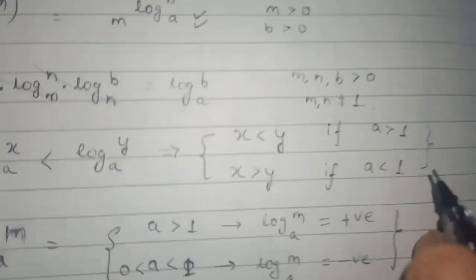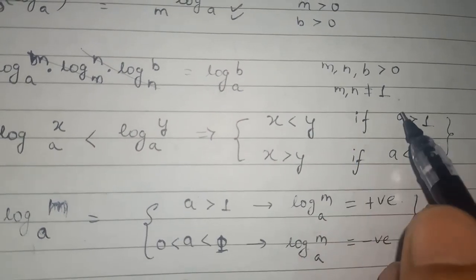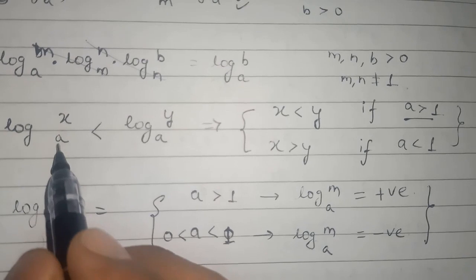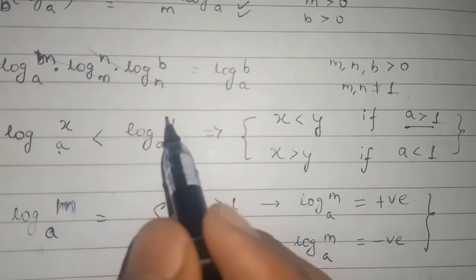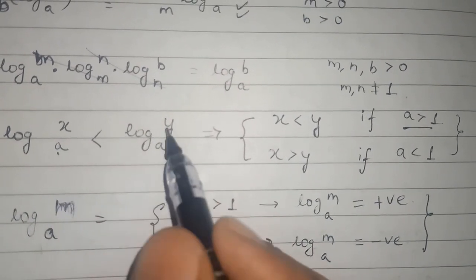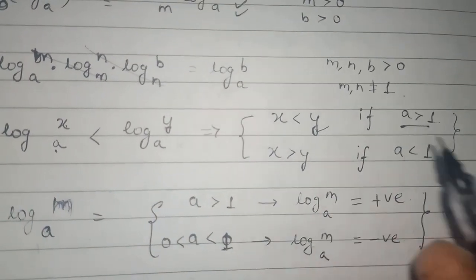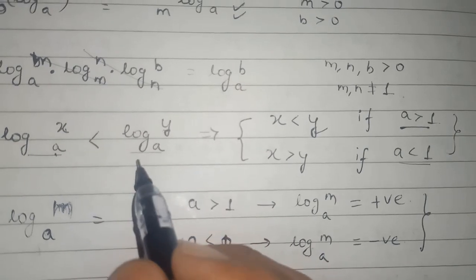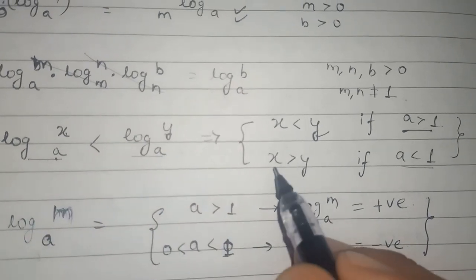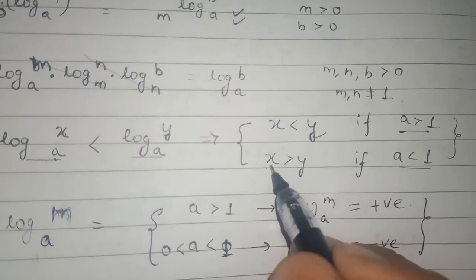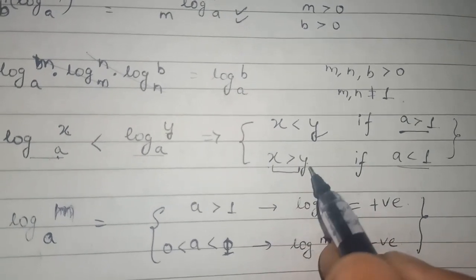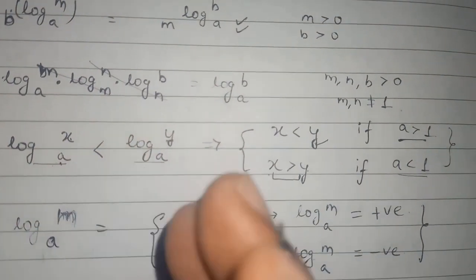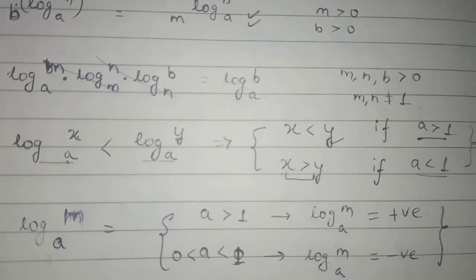Now if a is greater than 1, it is a positive value, so y is greater than x. If a is less than 1, it is a negative value, and it is more negative than this, so x has to be greater than y, because more negative means a lesser value. Hope you understand by the number line.